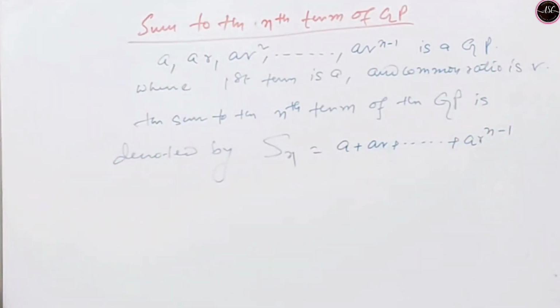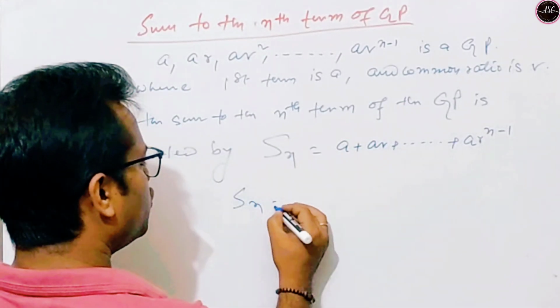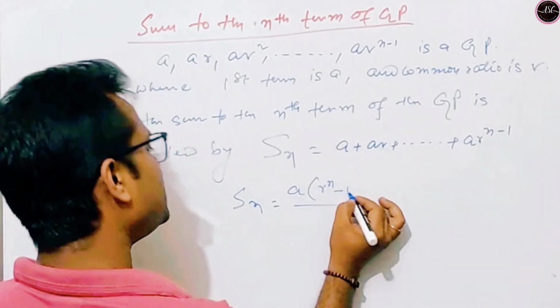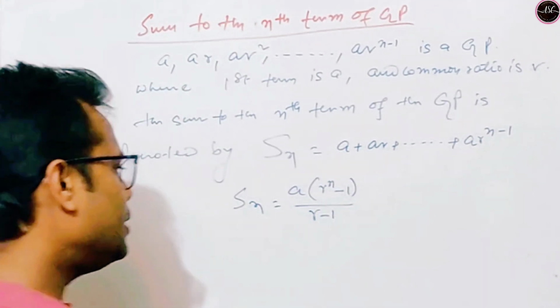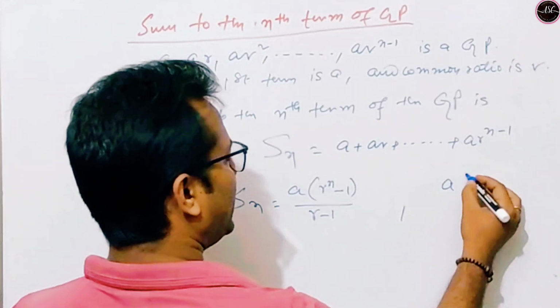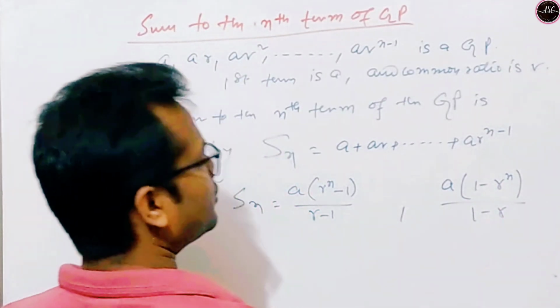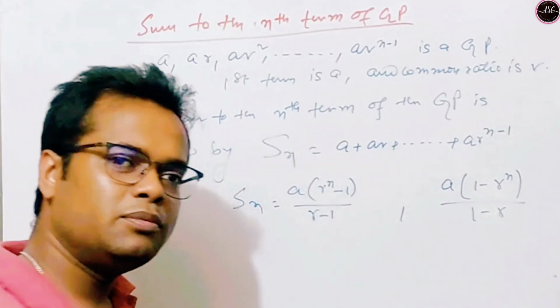Okay. So what will be the formula of Sn? Just look here. Sn equal to a into r to the power n minus 1 divided by r minus 1, and also a into 1 minus r to the power n divided by 1 minus r. Why these two types of formula?